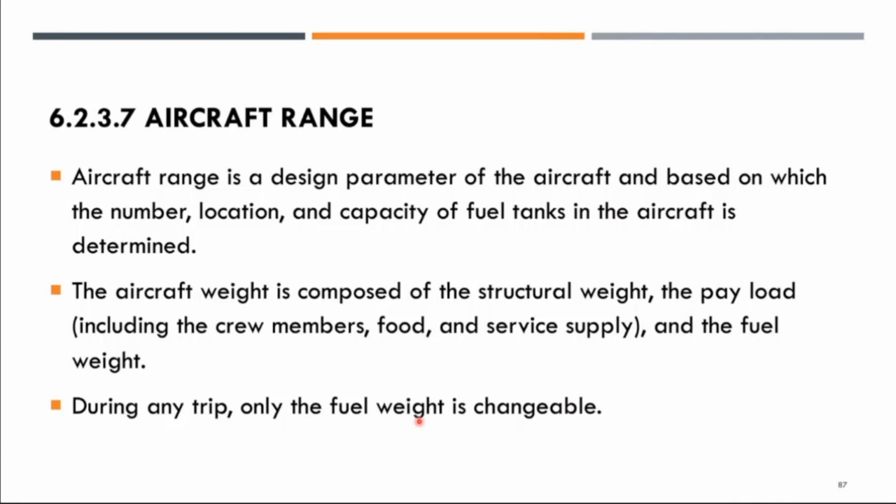When you have already traveled half of the distance, probably you have already used up half of the fuel. That's where the fuel weight is not going to be constant. It is going to be reduced.